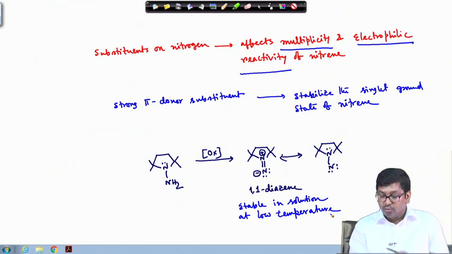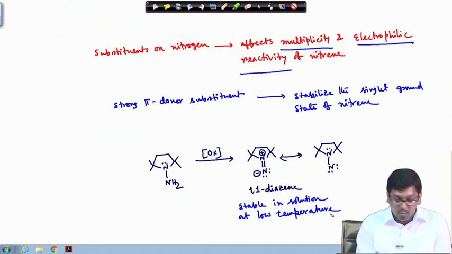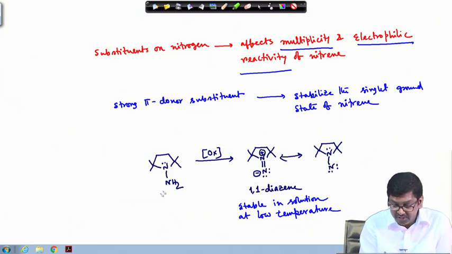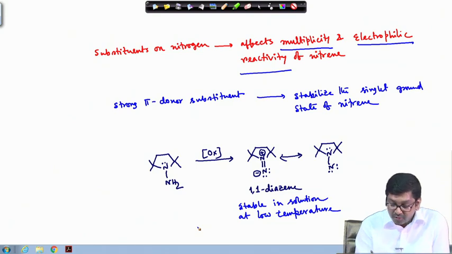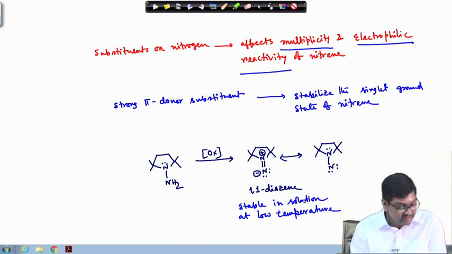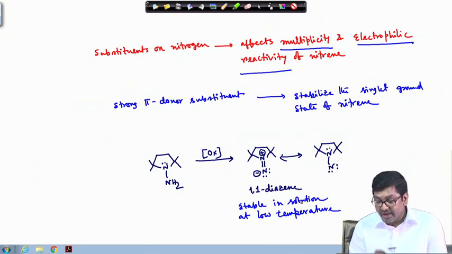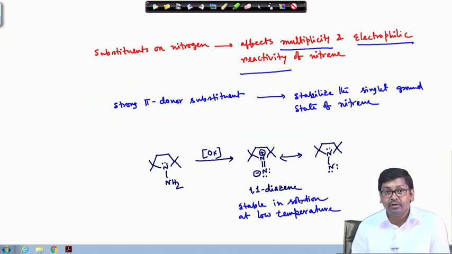What happens? We took this 1-amino-2,2,5,5-tetramethylpyrrolidine, and if we oxidize this, that will form this 1,1-diazine species, and this is the nitrene species that could be stable in solutions at low temperature.